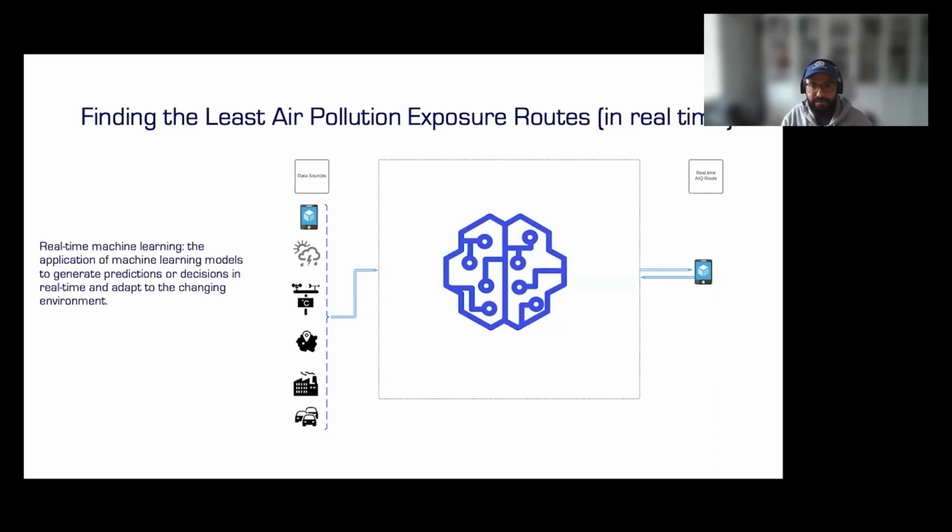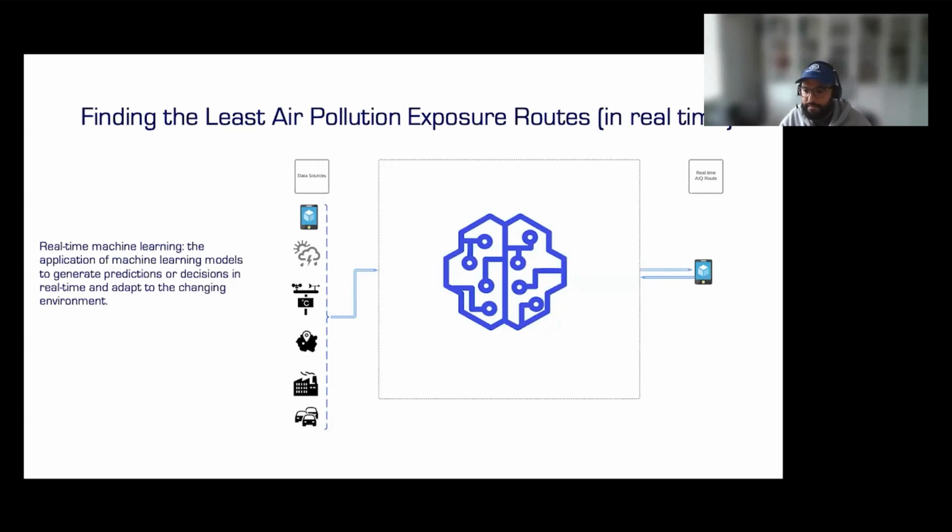Again, it's near real time to be more precise, because there are different levels of latency when we talk about real time. Real-time machine learning in this case is just the application or usage of machine learning to generate predictions or adapt based on a changing environment.